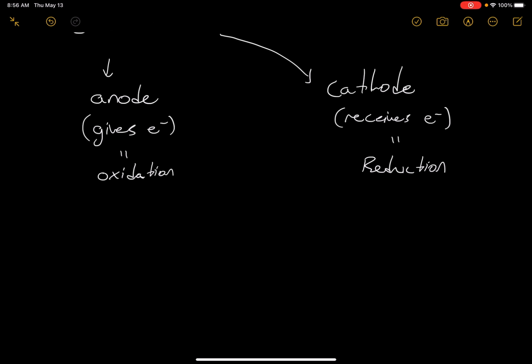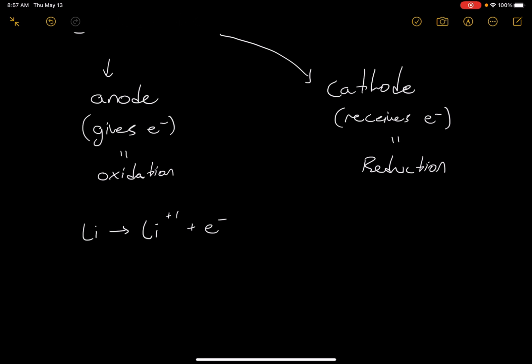Next, we talked about the chemical reactions that happen at the anode and the cathode. So at an anode, we're going to be looking at things that give electrons. So for example, a pretty common anode would be something like lithium. Now, when lithium gives an electron, because it's in group 1, it will end up being lithium with a positive 1 charge. And then since it's giving 1 electron, we write plus 1 electron on the product side.